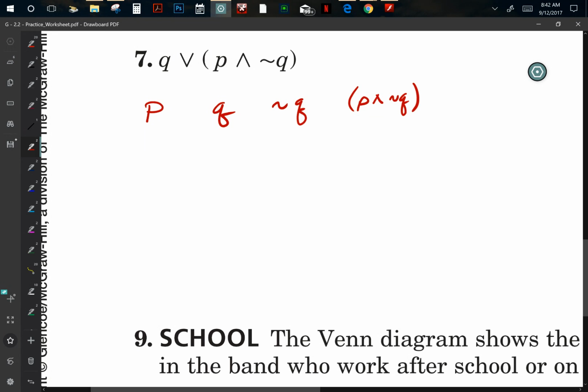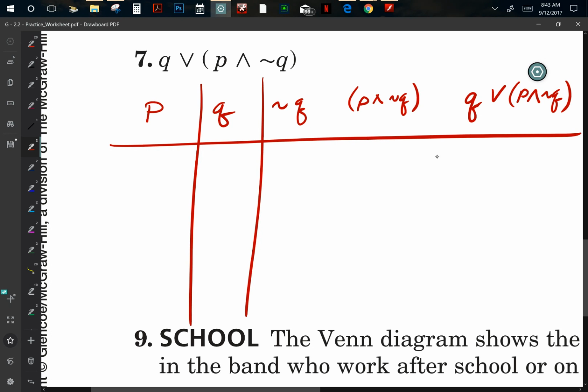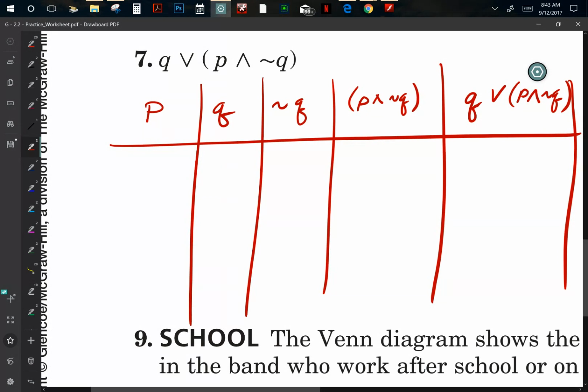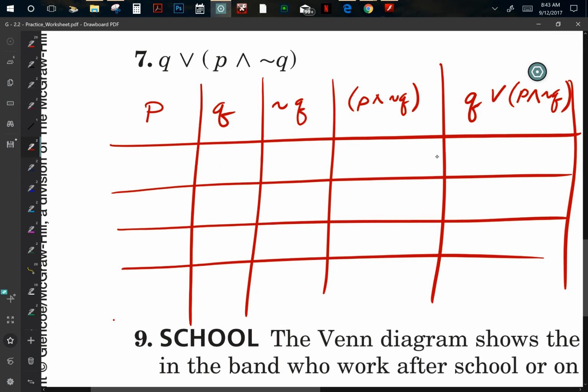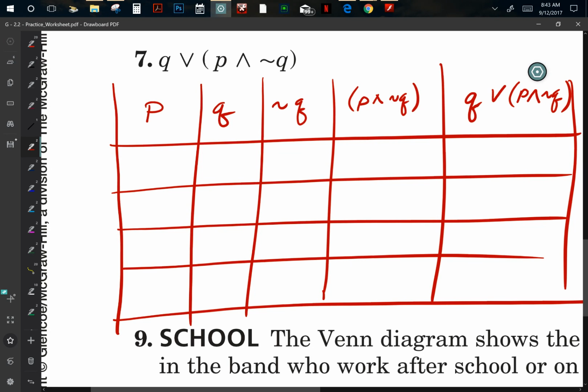Not Q, and then I'll end with Q or P and not Q. We okay? You guys see how I got all that?